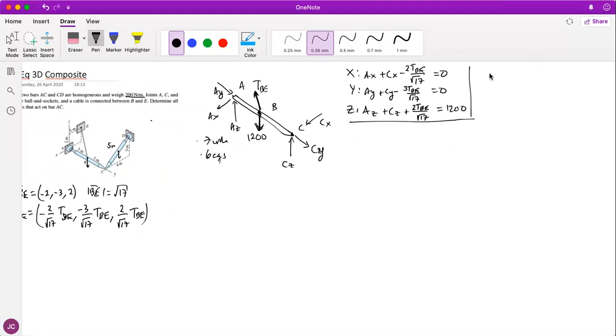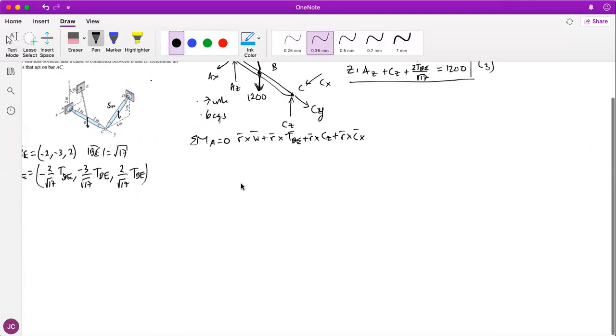Now, this is just my first set of equations, 1, 2 and 3. I'm going to restart this counting of equations because I'm going to need them. Now, what I need to do is moment regarding something. So I'm going to do moment regarding A. If I do moment regarding A, I will get R cross the weight plus R cross the rope TBE, plus R cross the CC plus R cross the CX, because CY will pass through A and it won't produce moment.